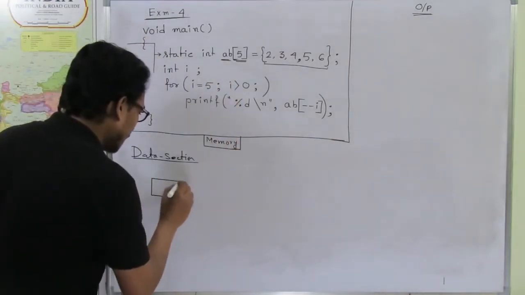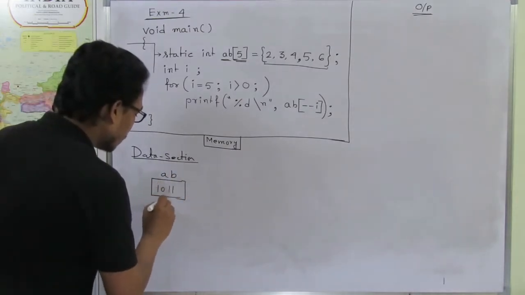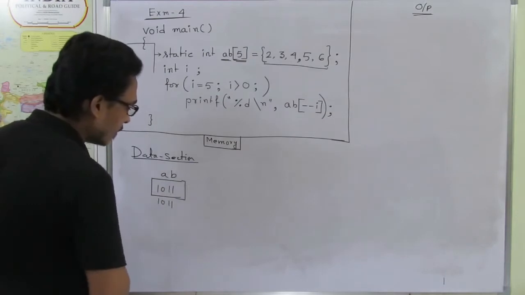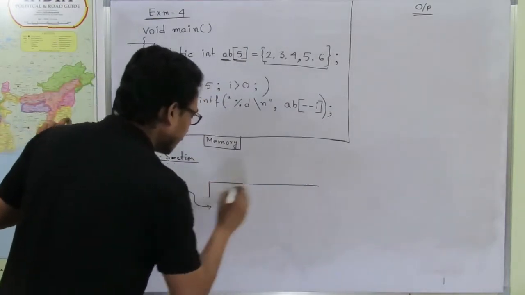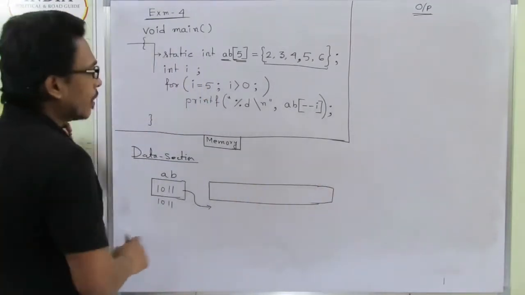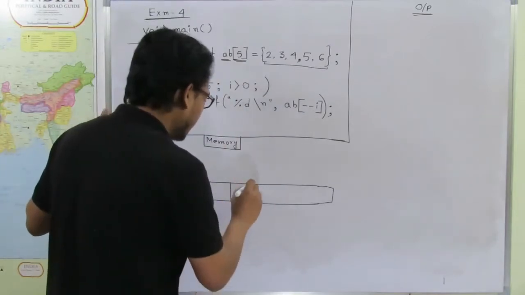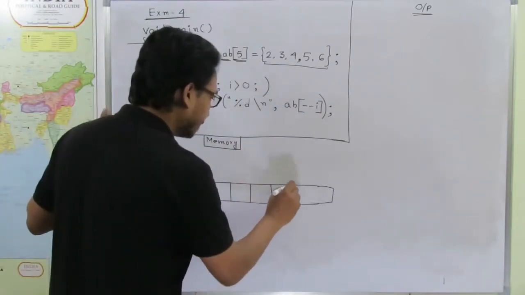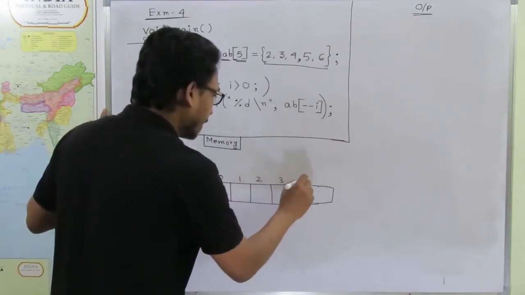So the array name is AB. Let's say the base address is 1011, so the address of this AB is again 1011. Now the memory part. How many elements will be there? The range is 5, so here 5 elements will be there. Index 0, 1, 2, 3 and 4.